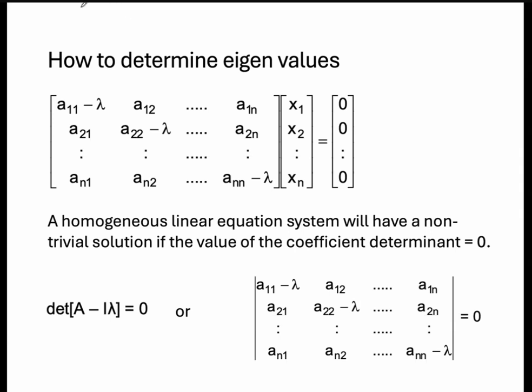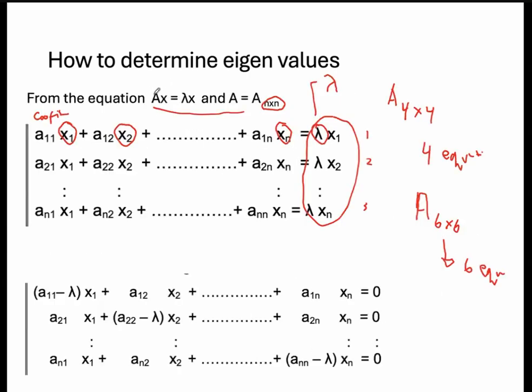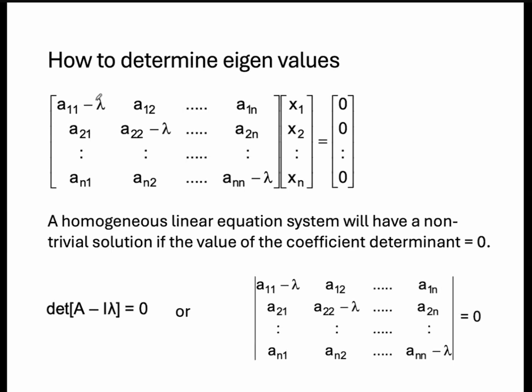If we want to determine the eigenvalue of a matrix, we multiply the first vector, which contains the coefficient of each equation that we resolved in the previous slide.